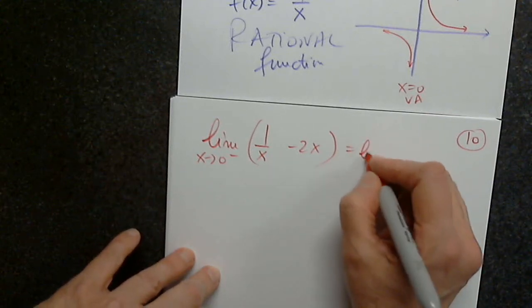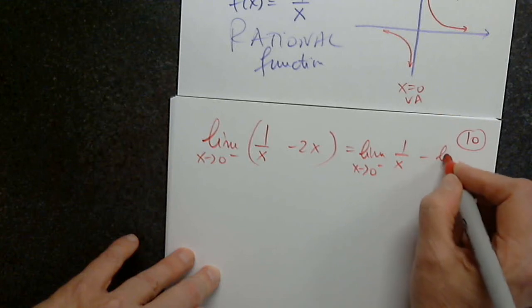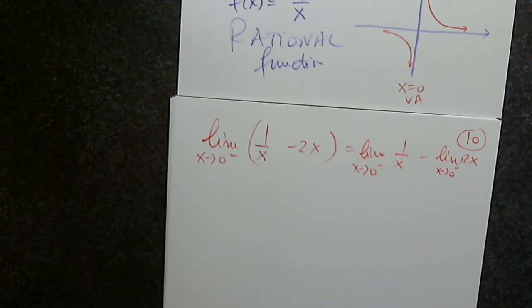And I want to write the limit of 1 over x as x approaches 0 from the left minus the limit of 2x as x approaches 0 from the left. I'm using the limit law. Agreed or not? Agreed. Say it again. Agreed. Sean agrees. Anyone else?